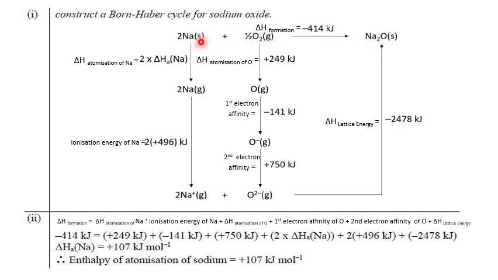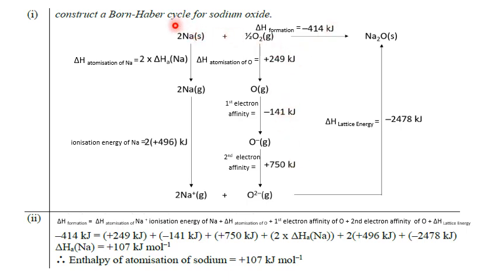Make sure the phase of each atom or compound is correct: sodium solid, oxygen gas, sodium oxide solid. So this is the enthalpy of formation. Must write down the negative and positive sign for the enthalpy, so negative 414 kilojoule. For the Born-Haber cycle, the unit we write down is kilojoule.